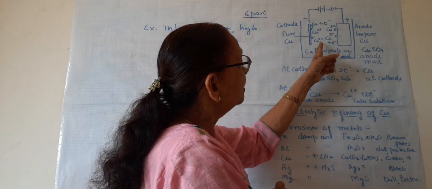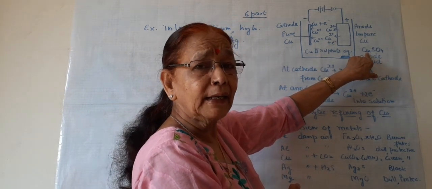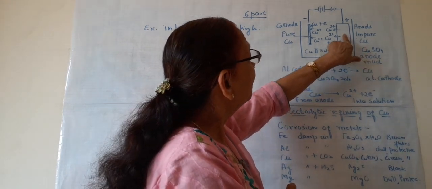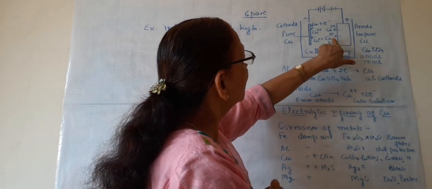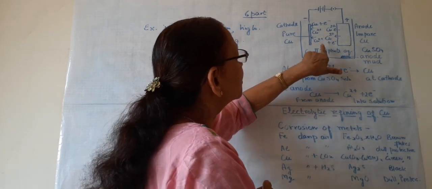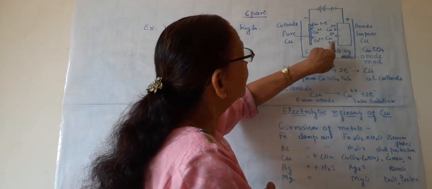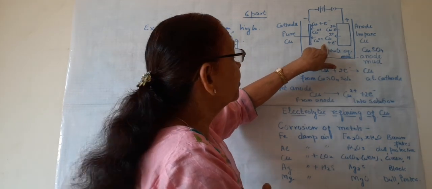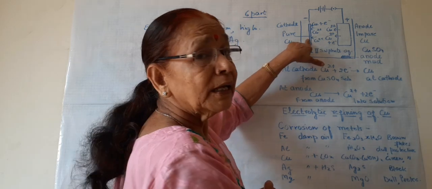And when the copper ions in the solution decrease, then from the anode of impure copper, the same amount of copper ions start dissolving in the solution. These copper ions with electrons come into the solution, and from here they are taken up by the cathode.